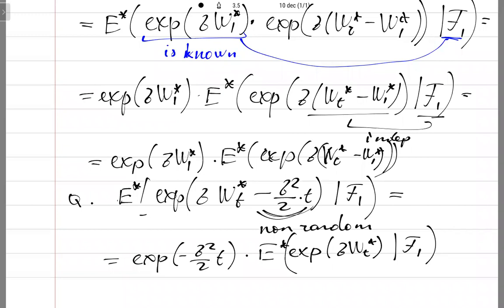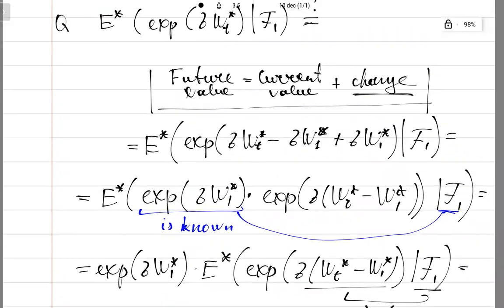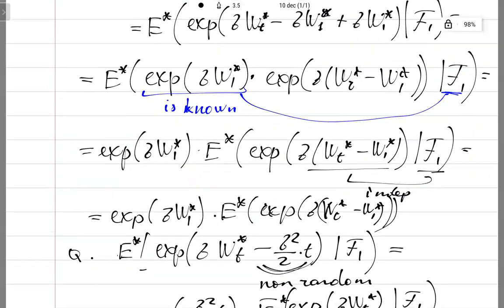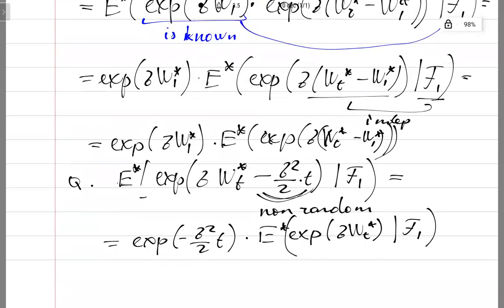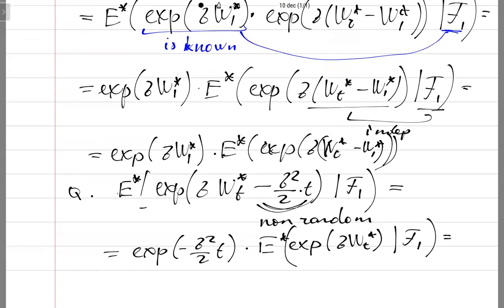The answer to this expected value will be 1. Will it be like the exponent of minus sigma W1 star plus sigma squared over 2 t? I don't remember answers by heart. Given what we had, we need to finish all the calculations, finish that one and multiply it by this exponent.